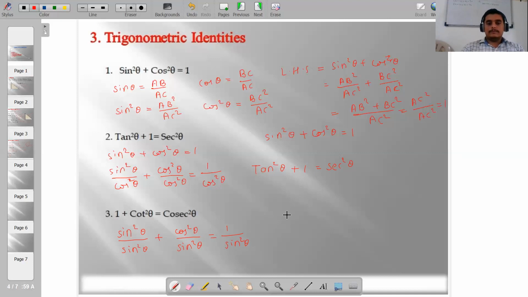On the left hand side, sine square theta upon sine square theta is 1, plus cos square theta upon sine square theta, which is nothing but 1 upon tan square theta, which is equal to cosec square theta, since 1 upon sine is cosec. Finally, 1 upon tan is cot, so we write 1 plus cot square theta is equal to cosec square theta.